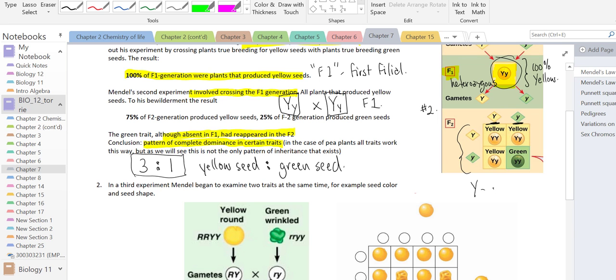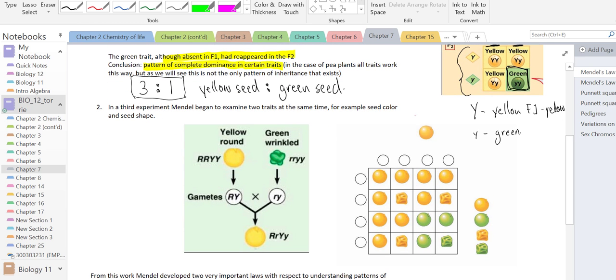A capital Y we use for the color yellow, and a lowercase y we use for the color green. And that's to show that in all the F1, there was only yellow. And so Mendel hypothesized that in order to have the green reappear, the F1 must have possessed this green factor, but it was masked by the presence of the yellow factor, and thus complete dominance.